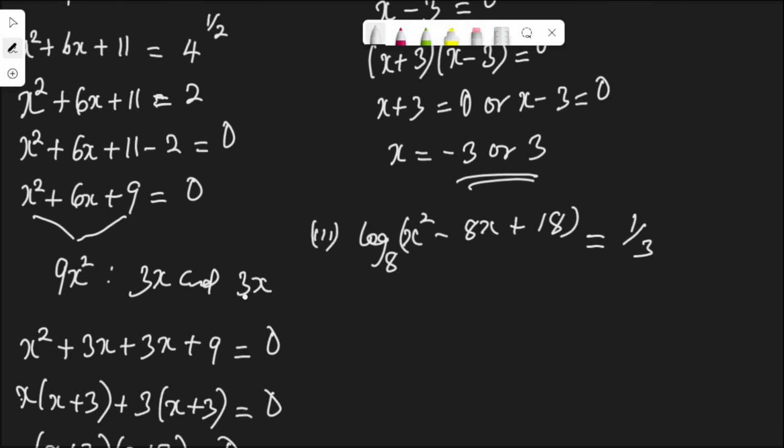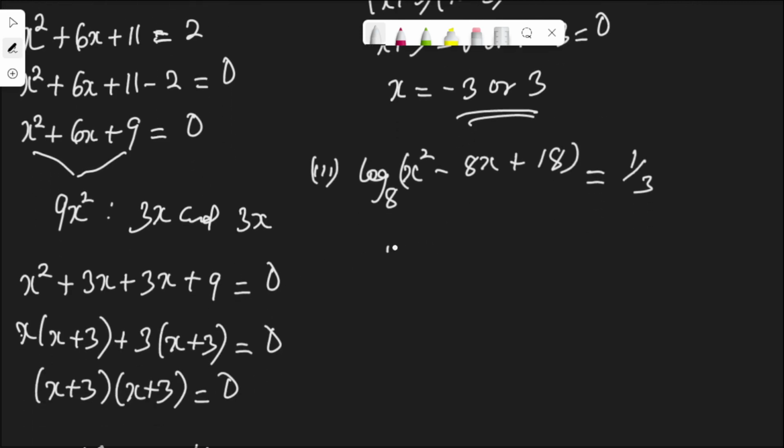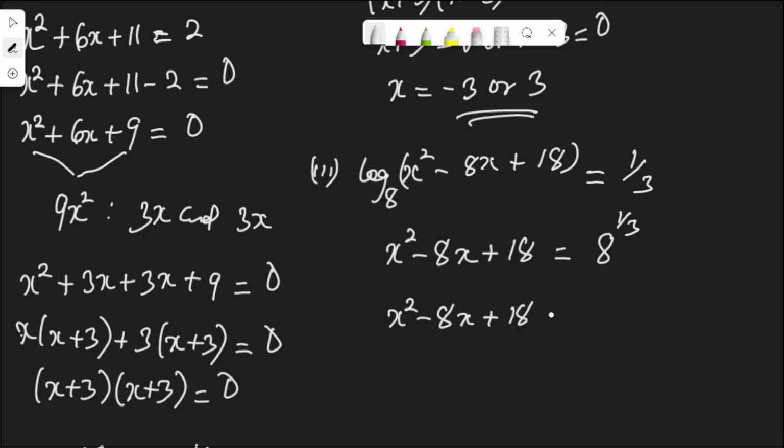If we express this in index form, we have x squared minus 8x plus 18 equal to 8 to the power of 1 over 3. 8 to the power of 1 over 3 is the cube root of 8.